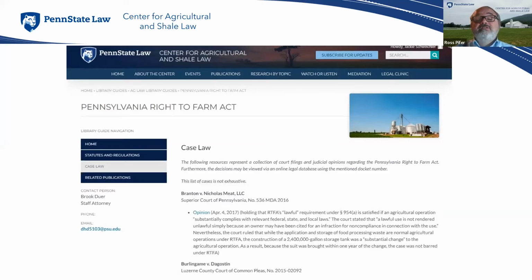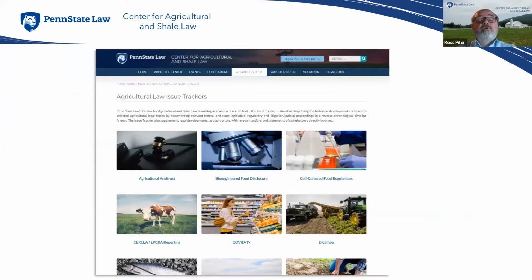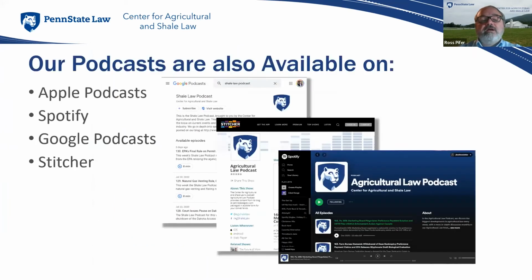This is showing the Pennsylvania Right to Farm Act, which I'm going to talk about in more detail in a few minutes. We also have agricultural law issue trackers, which provide more of a timeline, so you can look at a topic and get a timeline of relevant legal developments in that area.